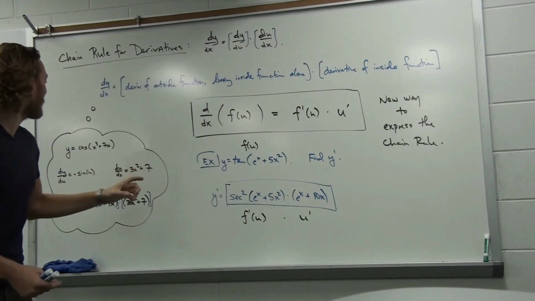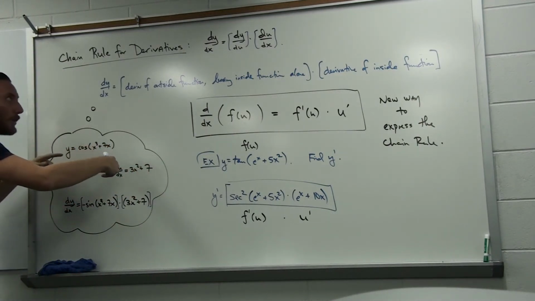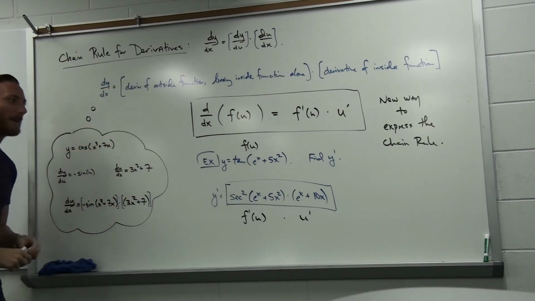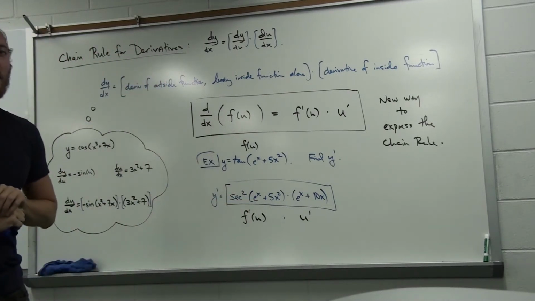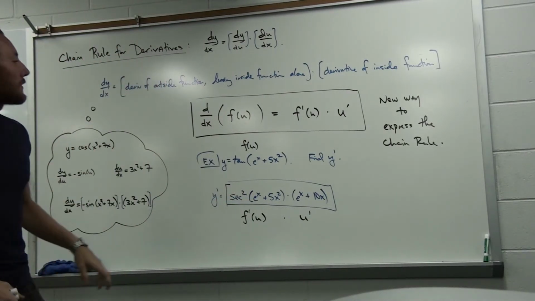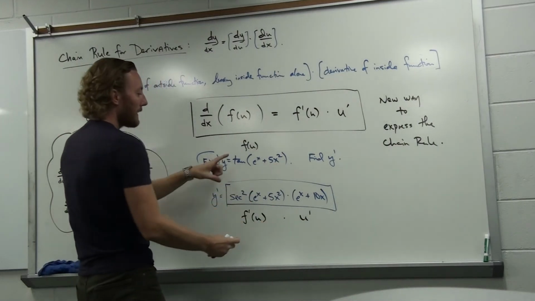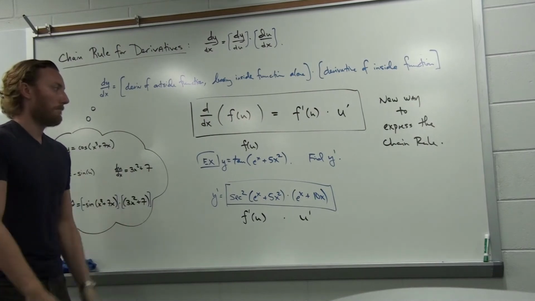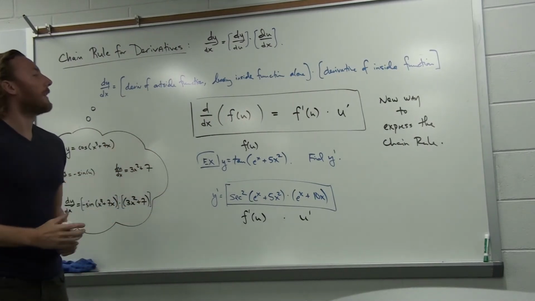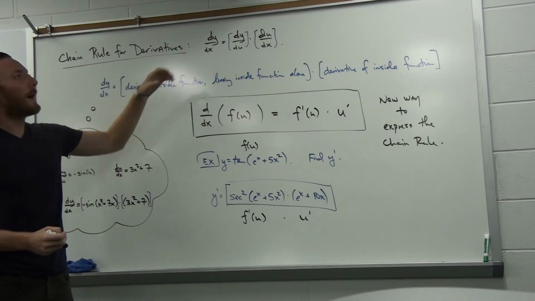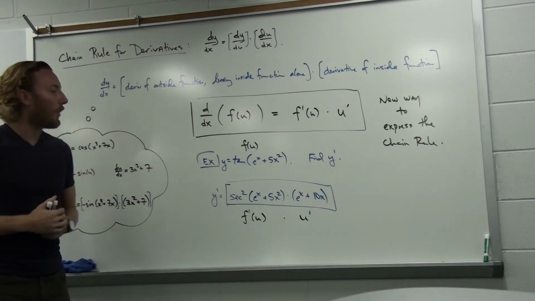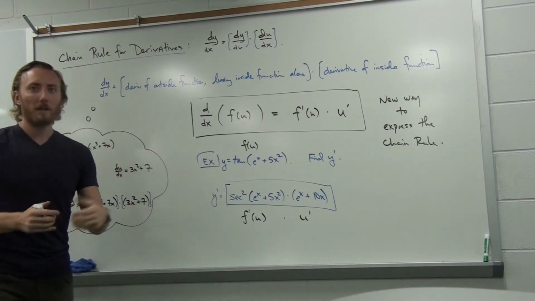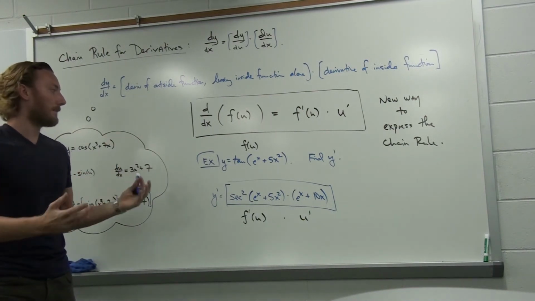Because what we ended up doing was taking a process that, using the dy over du and du over dx terminology, took multiple steps in cobbling things together, and it cobbles things together in one single swoop. So you leave the inside function alone, take the derivative of what's on the outside, and then multiply by the derivative of what's on the inside. And that makes quick work of what otherwise sometimes feels like a long drawn-out process, and it allows taking the derivative of chain rule expressions very nice and relatively pleasant.